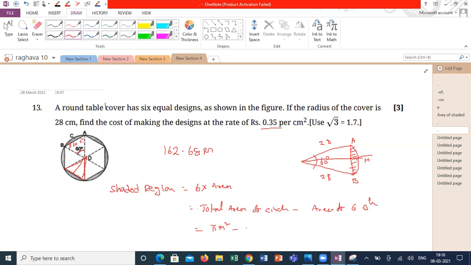So root 3 by 4 a square, correct? So without much calculation, we can solve this question. Root 3 by 4 a square into 6 times, where a is the radius of the circle or one side of the triangle, correct?